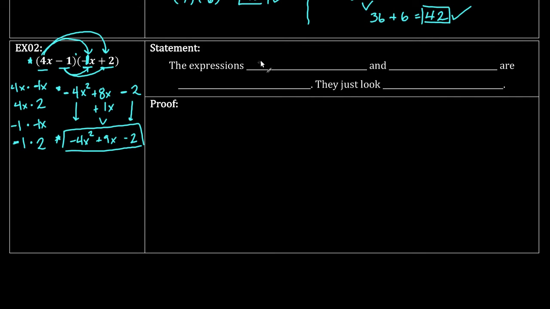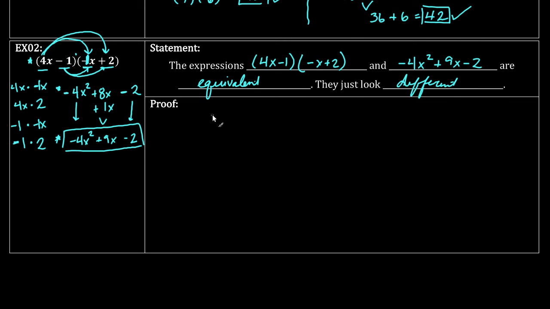They just look different. But we care about the first one and the last one. The expressions (4x minus 1) times (negative x plus 2) and negative 4x squared plus 9x minus 2 are equivalent. They just look different.